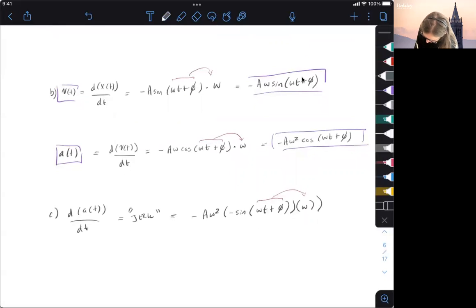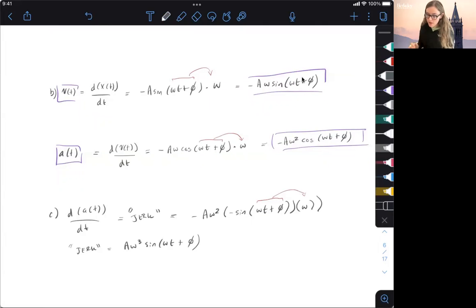It's going to be, so the jerk is going to be equal to a w to the third, sine of wt, oh sorry, a w to the third sine of wt. Okay, and then plus v.